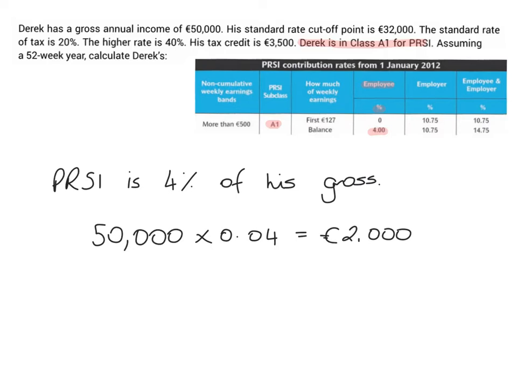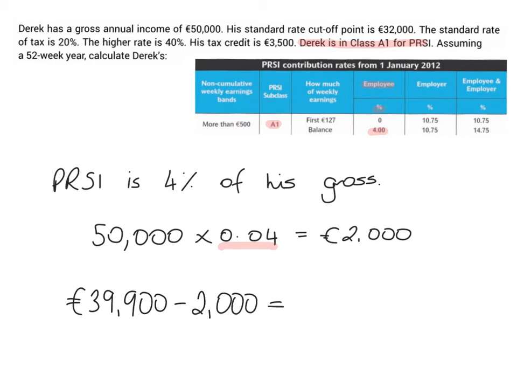What this means is we found 4%, and it's really important that we remember that 4% is 0.04. And this is going to be another deduction from his income. So his new net income is going to be the 39,900 that we already calculated, take away this 2,000.